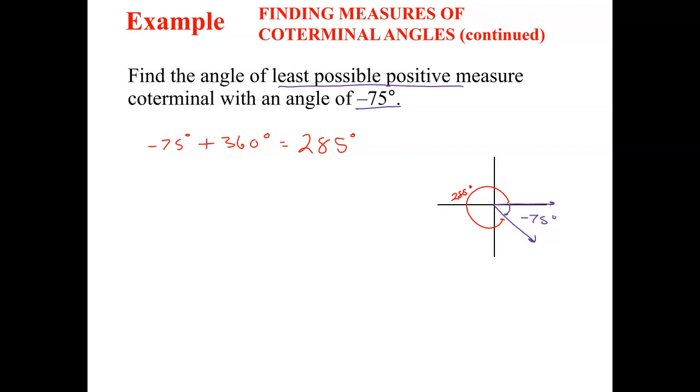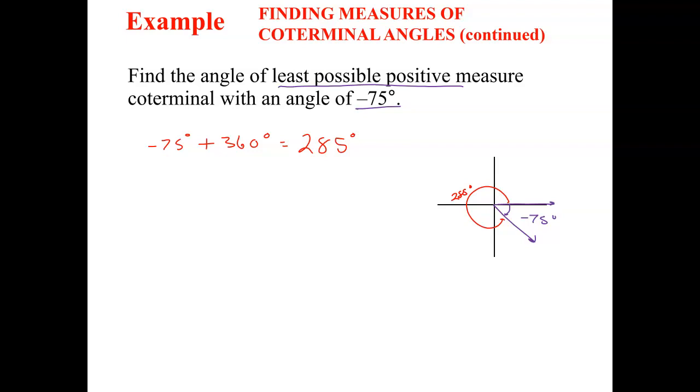You have to pay attention to what it says. It says find the least possible positive measure. Least possible means the smallest you can get that's still positive. Since our full rotation is 360, it's going to be between 0 and 360. It may ask for a positive and a negative.